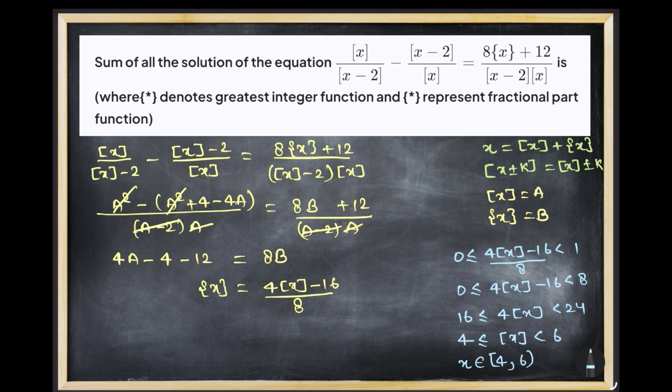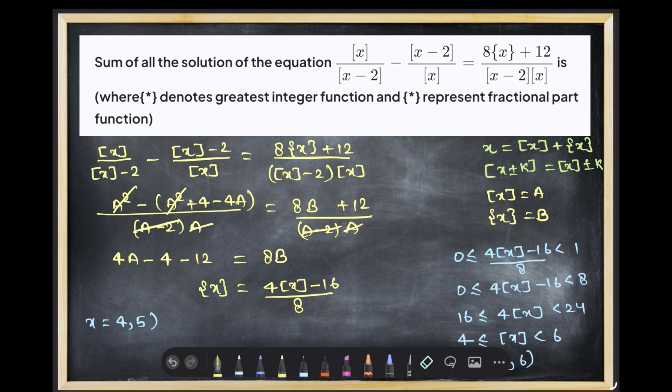Now we have to find out the x. Suppose case 1: x is ranging from 4 to 5. 5 is not included, 4 is included.